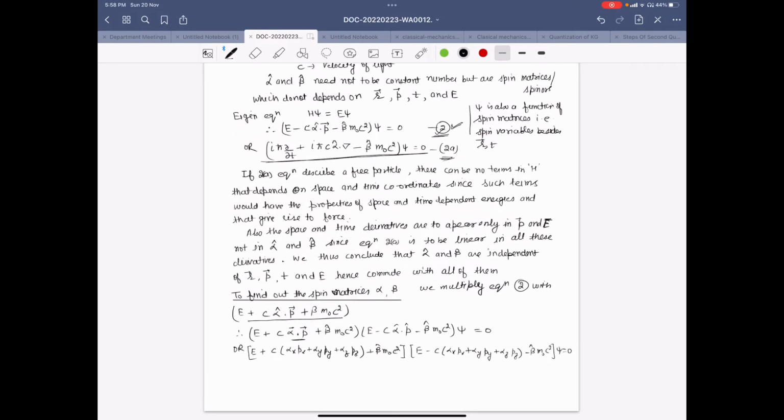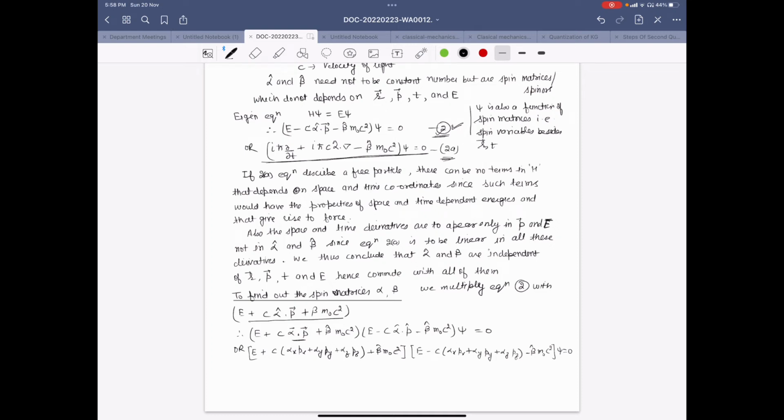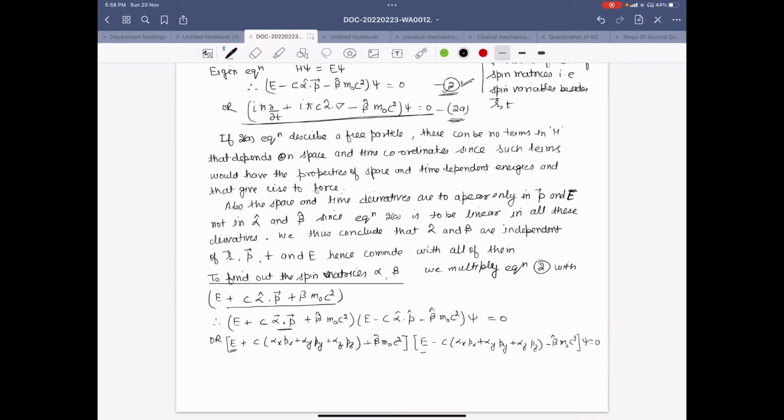Now multiply these two. After multiplication, what we will get? Now multiply E by E. You just multiply yourself and just try to match with my answer.